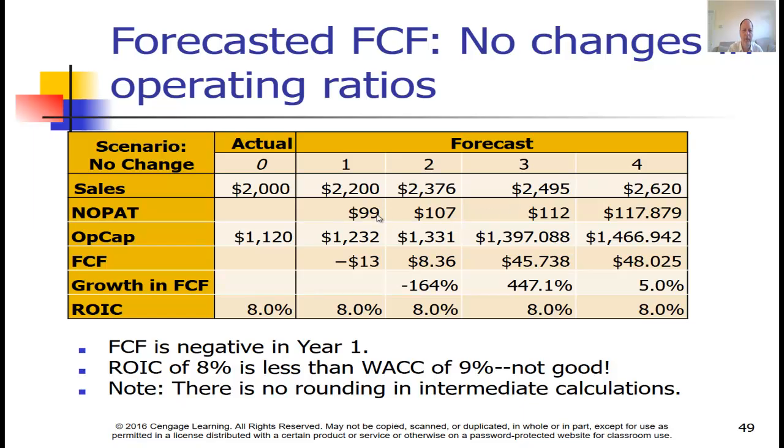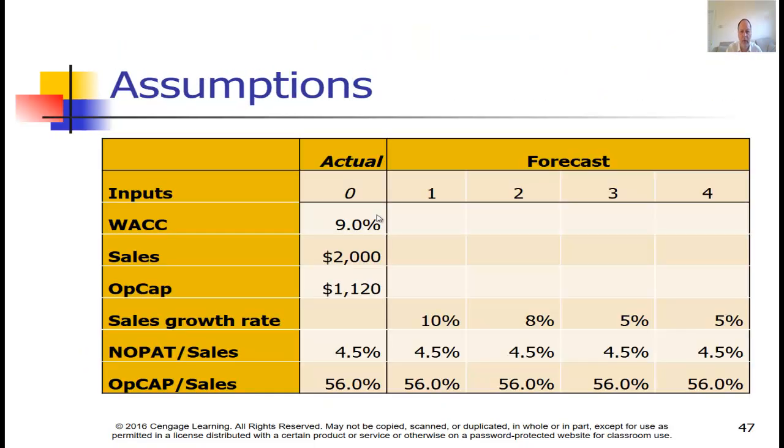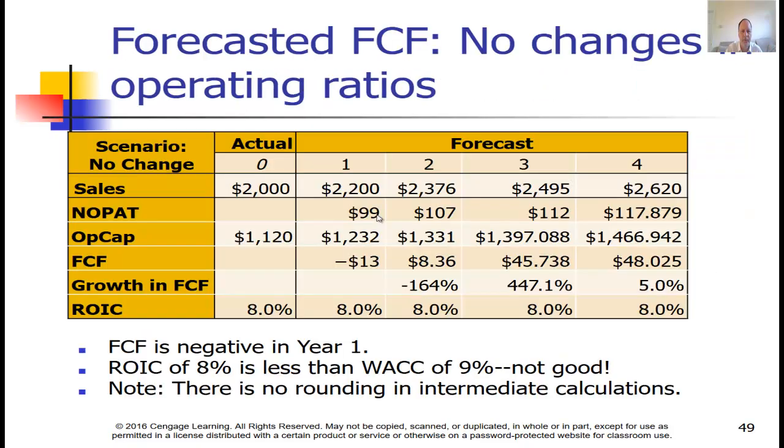Our NOPAT is going to go from 99 to 107 to 112 to 117.872. And again, NOPAT, if we go back up here, is calculated by 4.5% of sales.